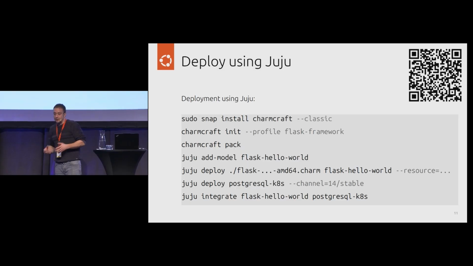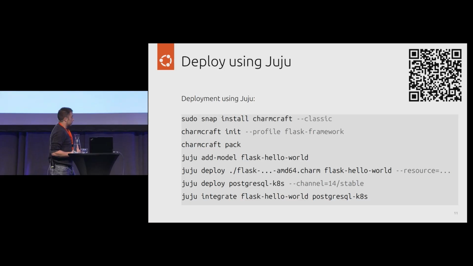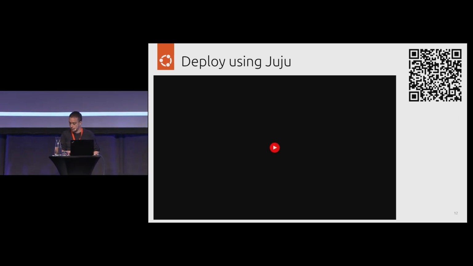We'll prepare the charmcraft.yaml that will define the characteristics of the operator, and then we will deploy. We'll create a model to have the applications together. We'll deploy the charm that will operate Flask and the Flask application. We will do it locally, but we will also deploy a Postgres instance, and that will be one charm already created. And then we will integrate it, and let's see a real example.